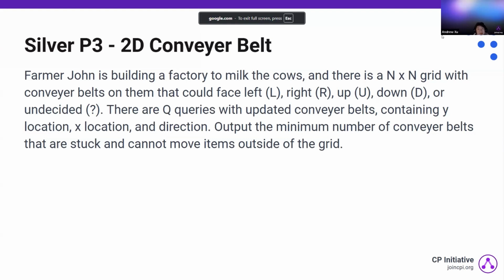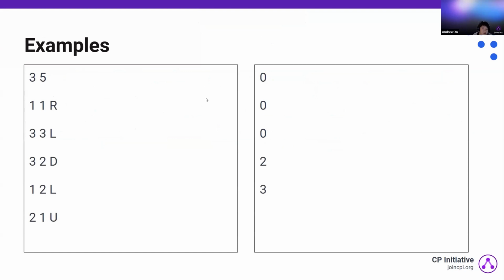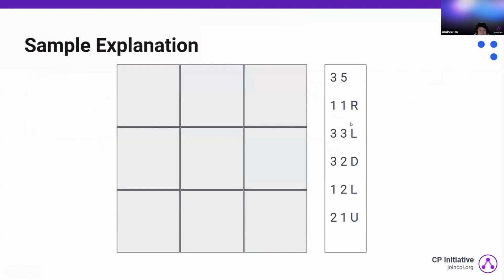And then there are q queries with updated conveyor belts, containing Y location, X location, and the direction. And you want to output the minimum number of conveyor belts that are stuck. Okay, so I'll be going over the sample input to make that more clear. So that's the sample input, that's the sample answer, and then basically we're gonna go one by one through this.